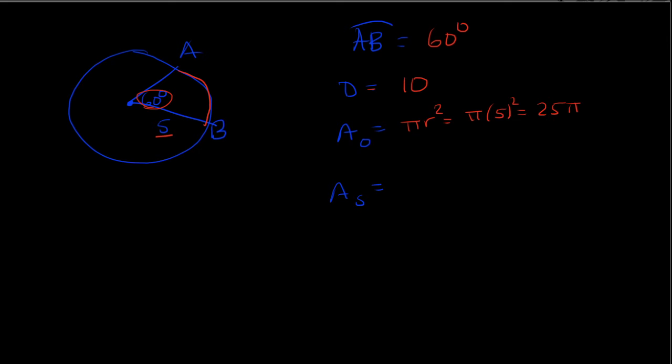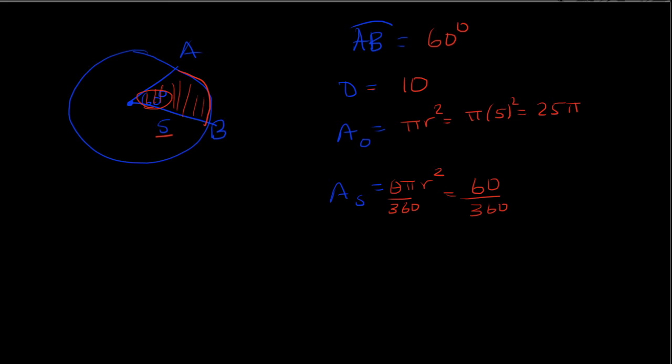The area of a sector, you're still going to use pi r squared, except you want to take your angle and divide it by 360. So this sector, this whole thing, represents 60 over 360th of a circle. In other words, 1/6 of a circle.